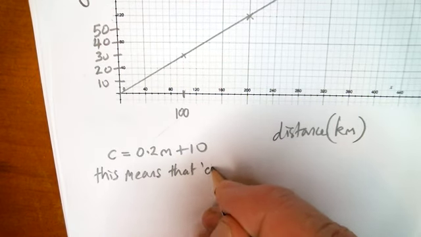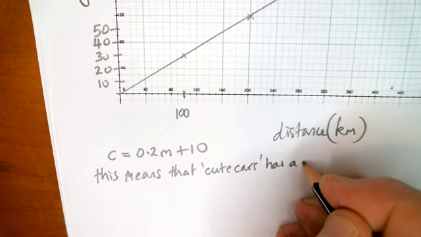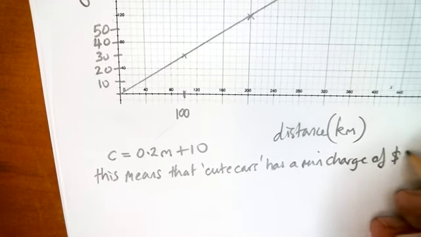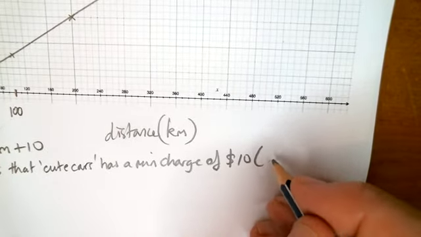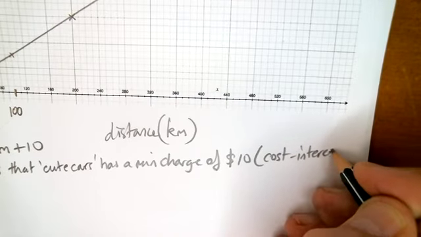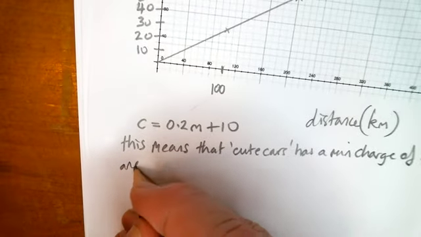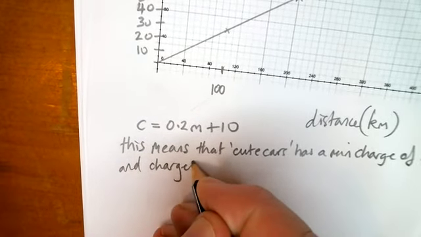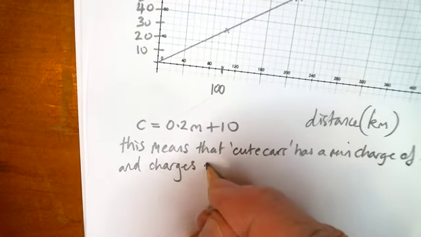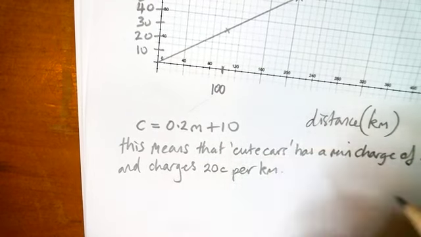This means that Cute Cars has a minimum charge of $10, the cost intercept, and charges 20 cents per kilometer. And that would do.